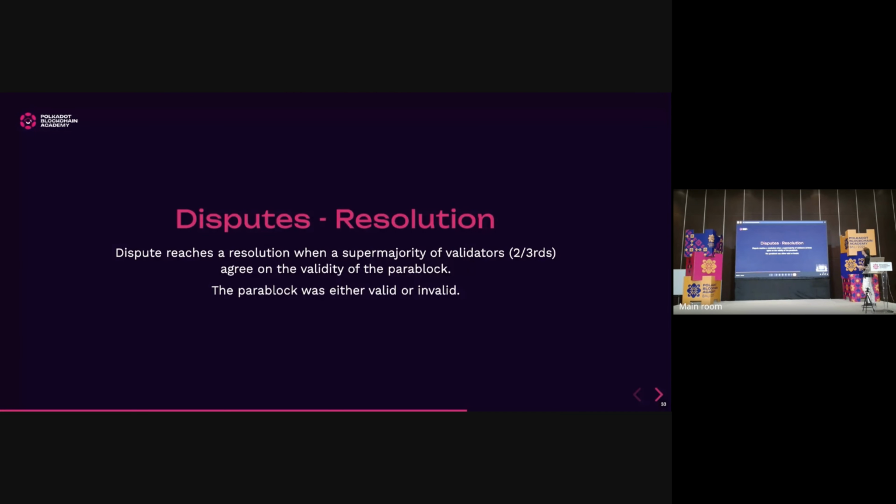And the moment we reach a supermajority, in our case, 2/3 of people agreeing that it's either correct or incorrect, this is the judgment, this is the resolution for a dispute. And this will always result in the parachain being decided valid or invalid, assuming a Byzantine threshold of 1/3, assuming 2/3 honest.